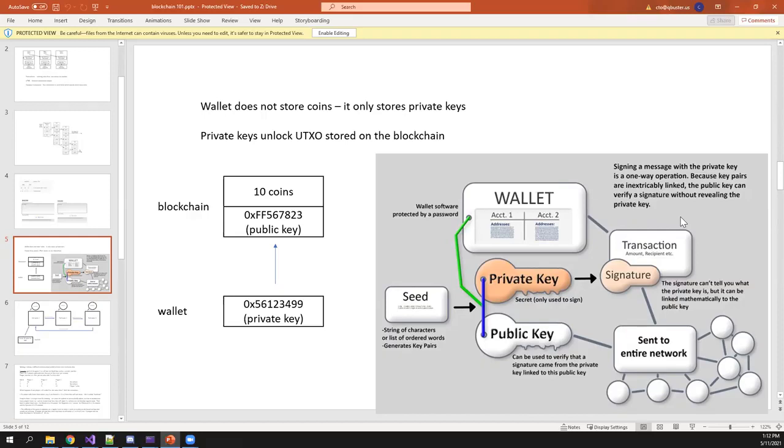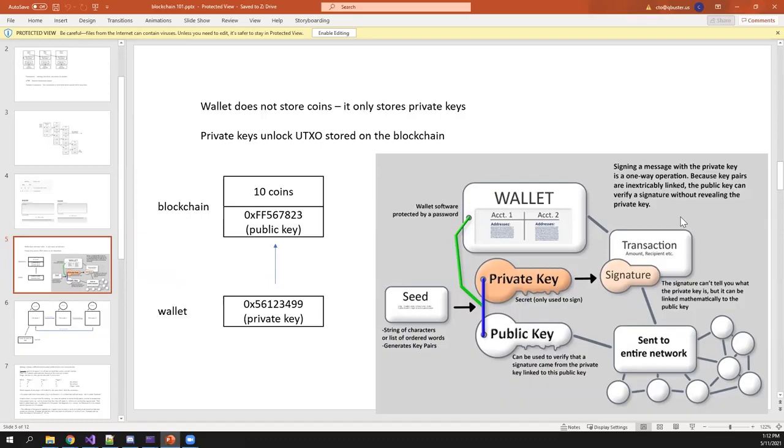But that key can unlock a transaction on the chain. Remember, value is stored as an unspent output on the blockchain, which everybody can see. You can go to our Dynamo Block Explorer and see every single transaction that's happened so far in the last 5 or 6 days. Same thing with Bitcoin and Ethereum. They all have block explorers, and you can see who has all the coins.